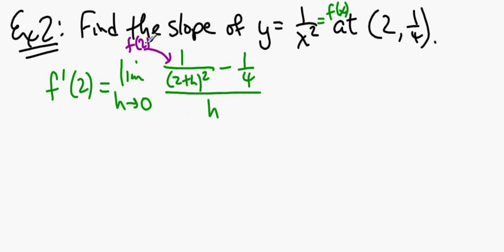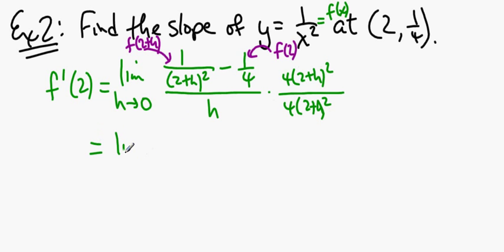This is f of 2 plus h. This is f of 2 over h. So this gets really weird unless you know how to work with fractions. And the way we usually work with fractions is we multiply numerator and denominator by a good common denominator.